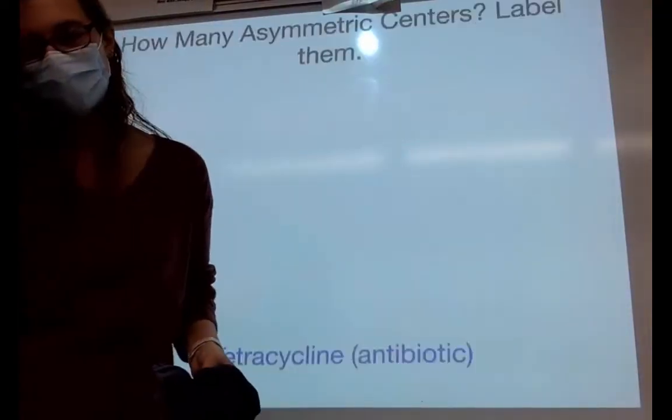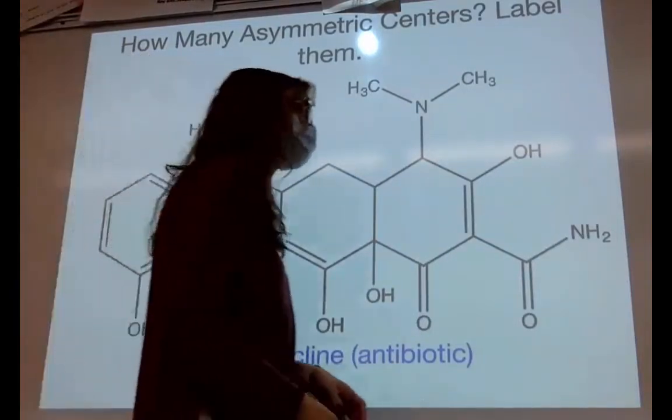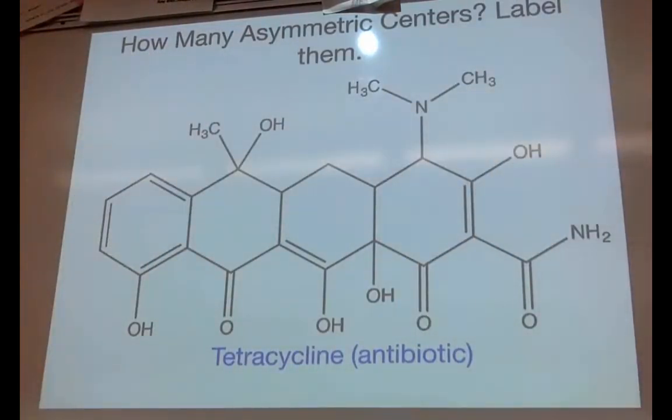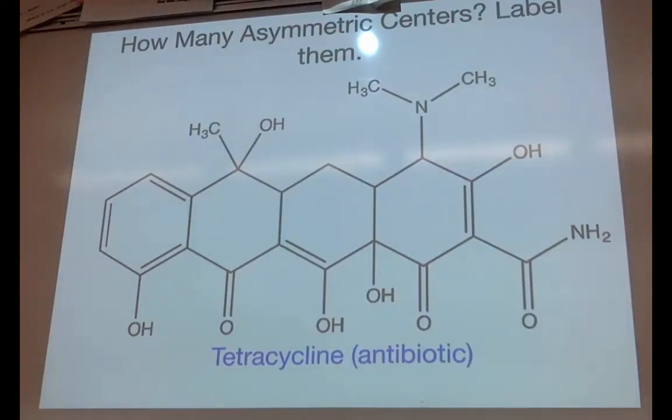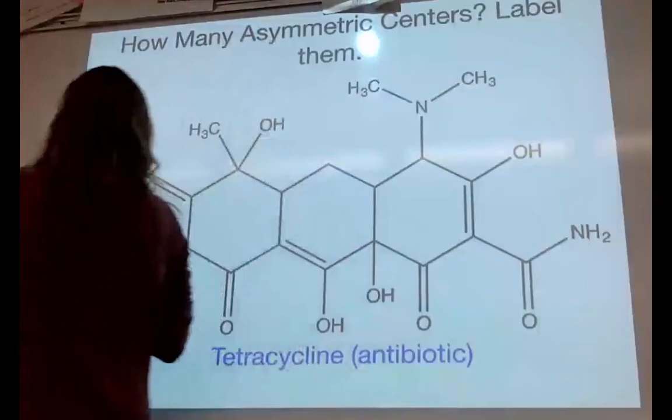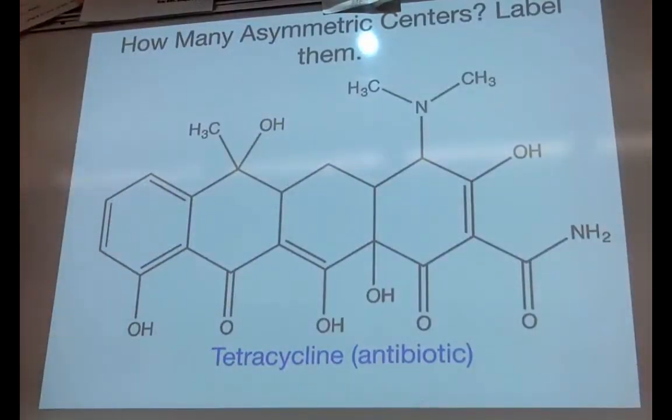Now, let's see if we can look at this. So this is an antibiotic. Antibiotics have some complicated structures. Now with this, remember, it needs to be a carbon attached to 4 different things. So carbons that are in double bonds cannot be chiral centers.